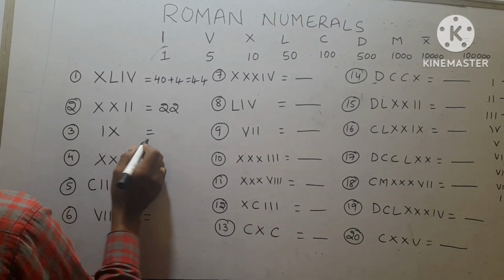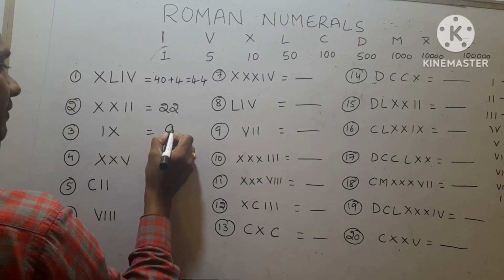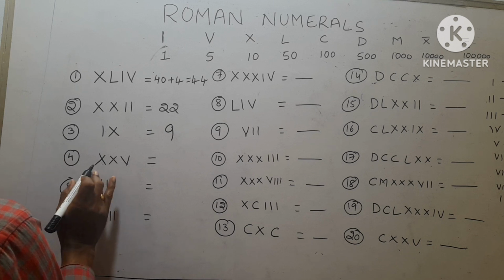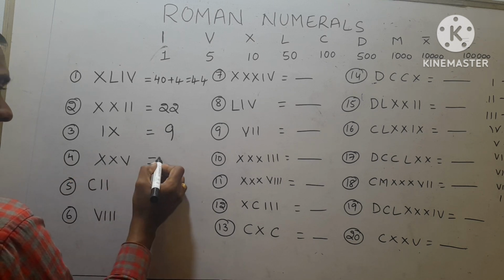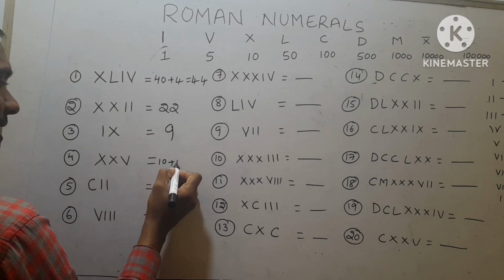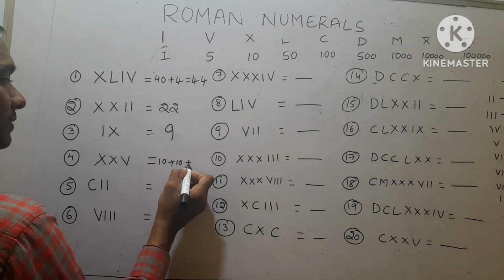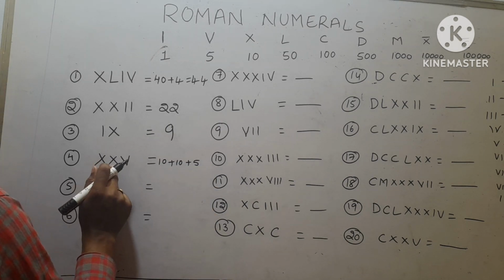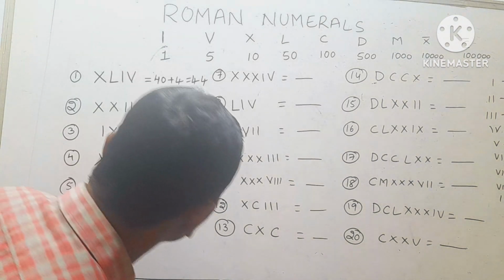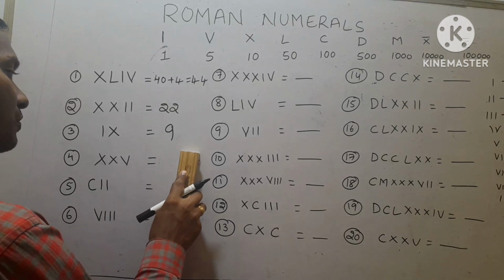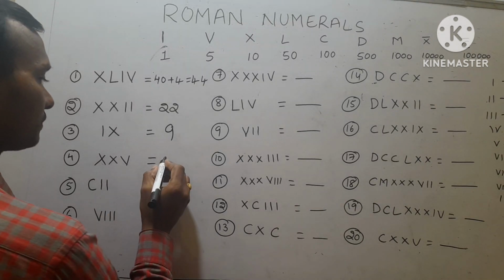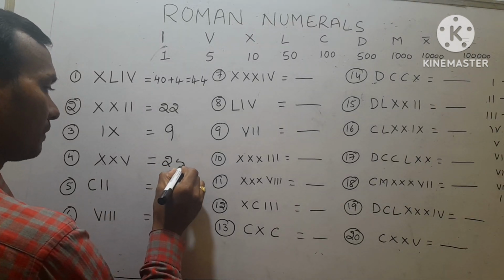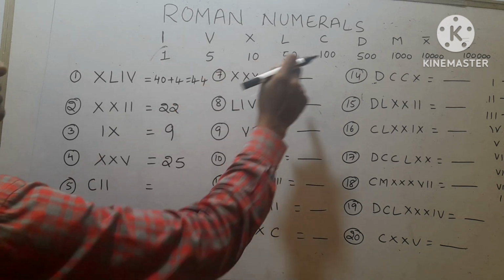So now IX, it means 9. X means 10. 10 plus 10 plus 5. What is the value of it? 25. C means 100.